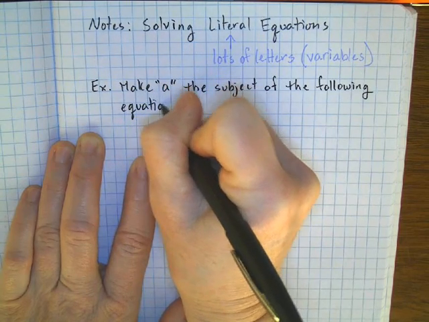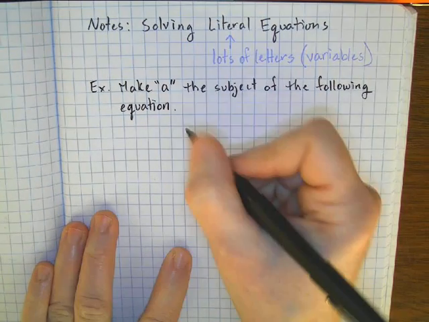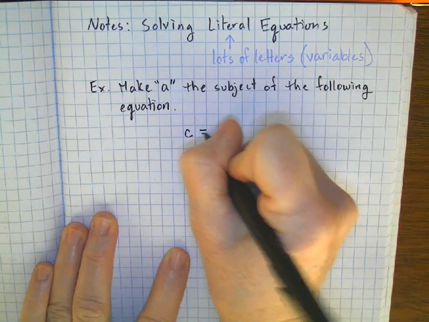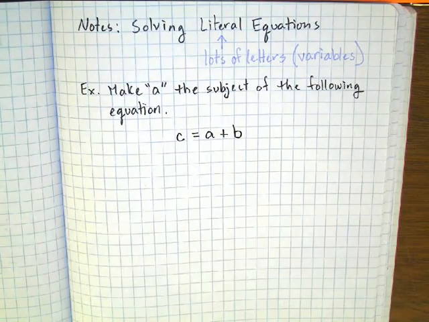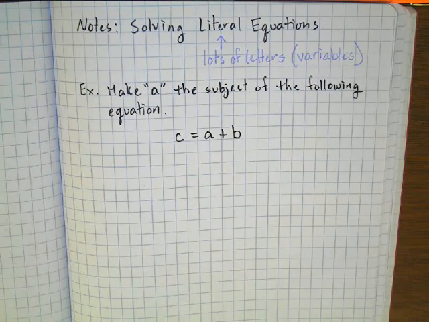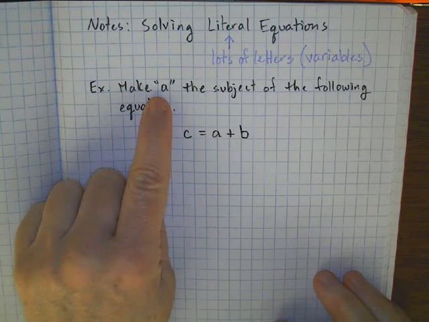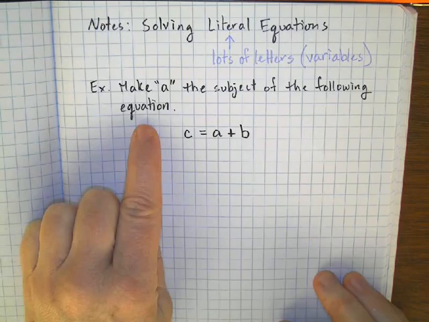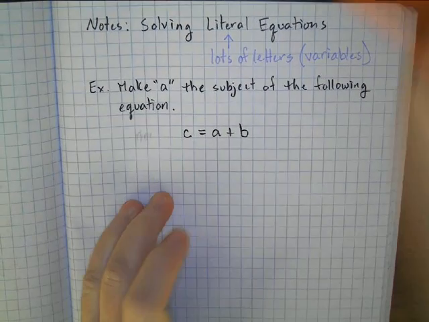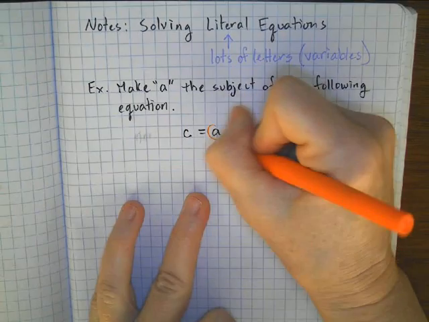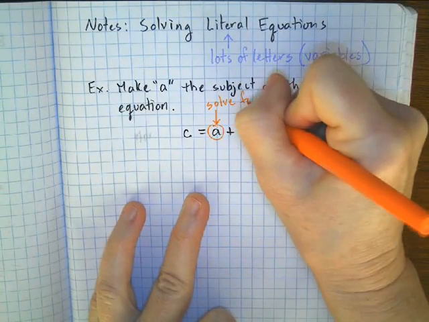So this is what the directions will look like, and then they'll give you a problem. Look how crazy this is. There's no numbers. There's only letters. When it says make A the subject of the following equation, we want to solve for A.